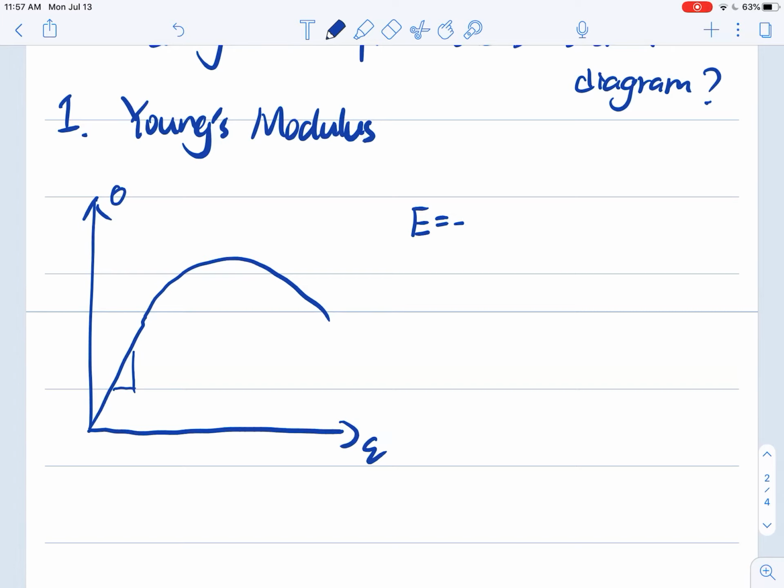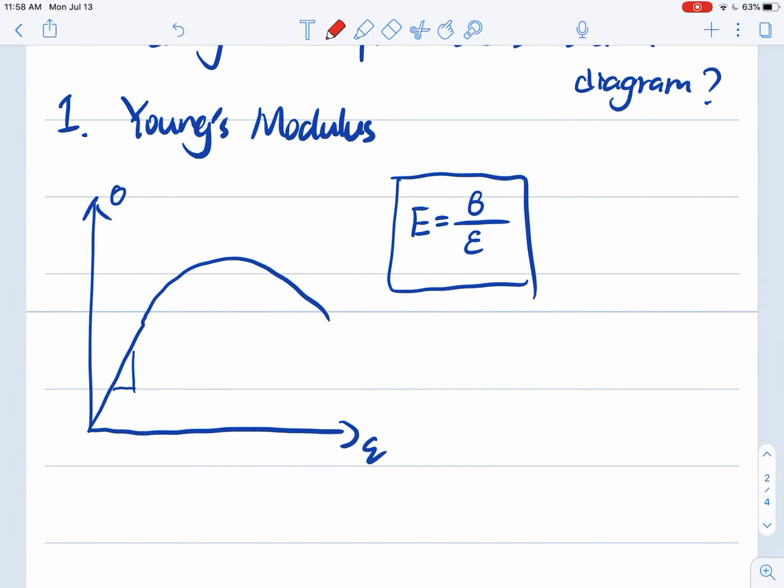So the E, Young's modulus, can be defined as the slope of that curve. In other words, it can be calculated by using stress divided by the strain from that linear section. So keep that in mind.